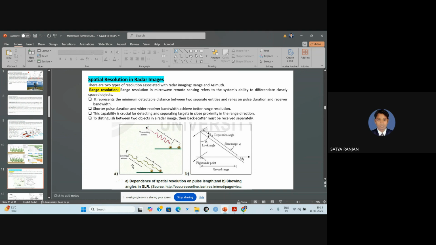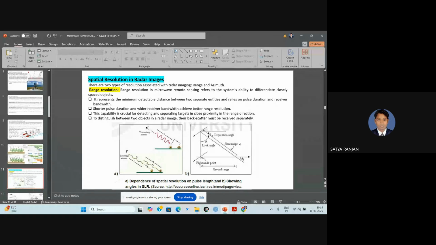Suppose this is one example. Suppose it transmits a wave at a distance L, and there are A and B. These are two different features, and they have a slanting distance D. Then it backscatters. So this is the backscatter, and this is also backscatter. If this distance is very low, then it is a high resolution, and if the distance is very wide, then it is low resolution.